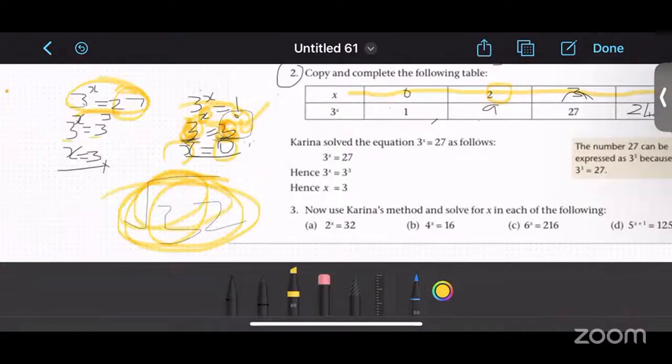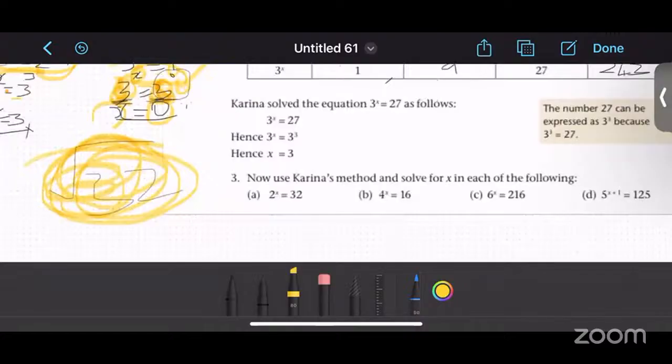Is it x is equal to this or what? X equals 4 square root 2. X is equal to 4 square root 2.